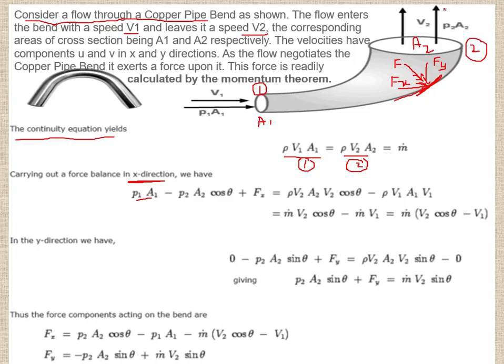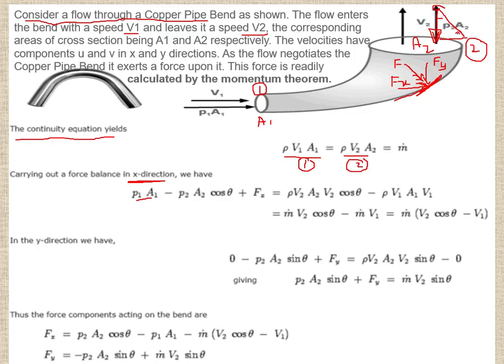Basically the direction I drew is wrong: the pressure always acts perpendicular to the cross-sectional area, like this. So the direction of this force is negative.